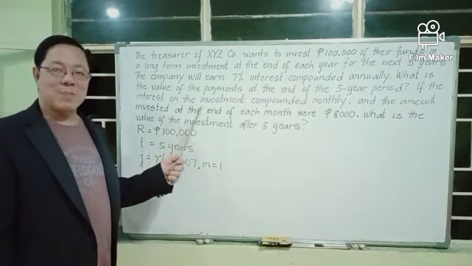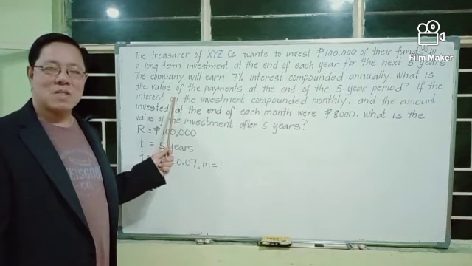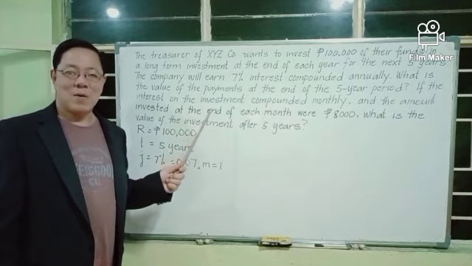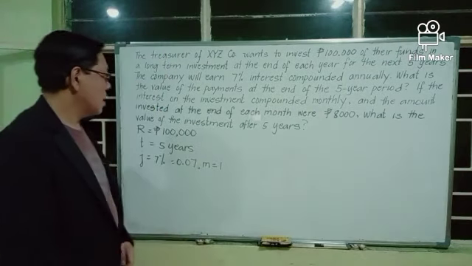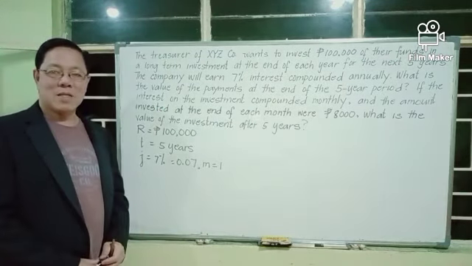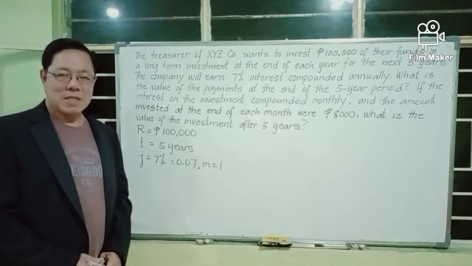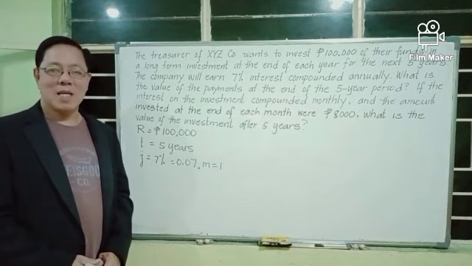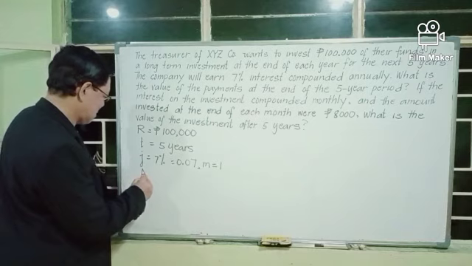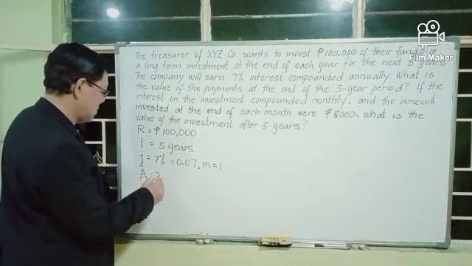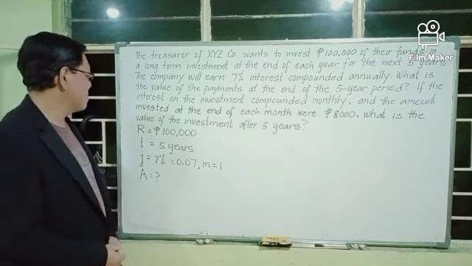In the first part of the problem, we are asked to find the value of the payments of 100,000 pesos for 5 years, at the end of the 5-year period. So the required is the accumulated value, denoted by A, of this ordinary annuity. This is for the first part of the problem.